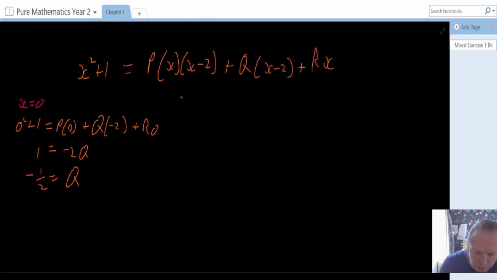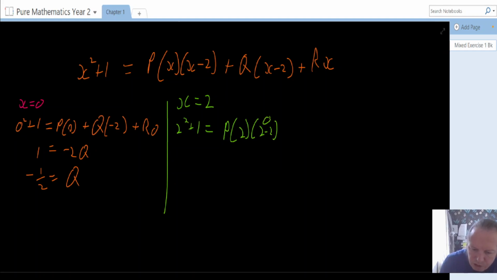Let's go with x equals 2. Okay, so with x equals 2, we end up with 2 squared plus 1 equals p times 2 times 2 minus 2, which of course is 0, plus q times 0, because 2 minus 2, plus r times 2, or 2r.